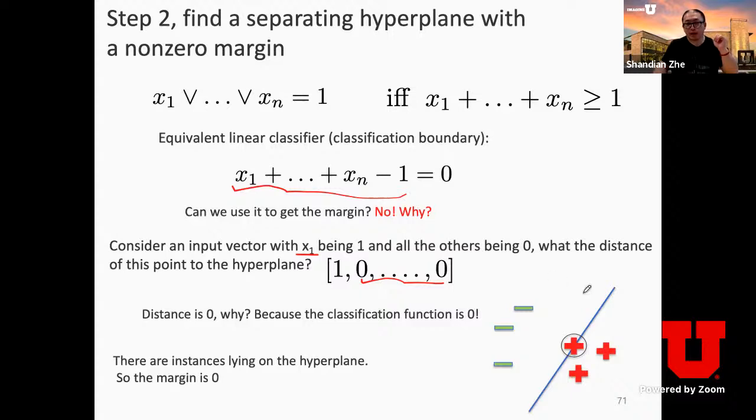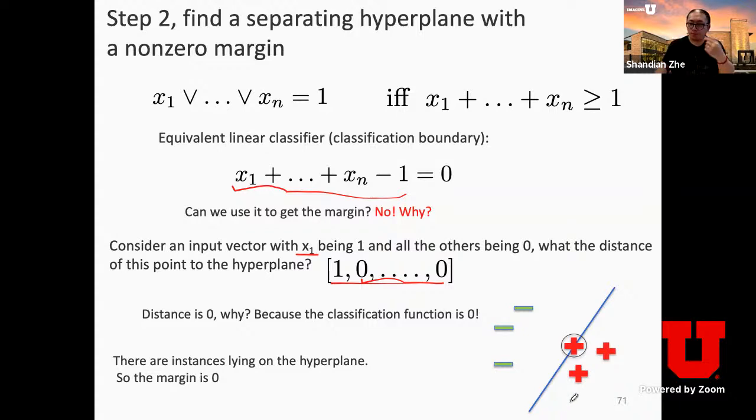This is a positive example, because it's a disjunction. And that means this positive example directly lies on this line. According to the definition, margin is the minimum distance between the data points and the separating hyperplane.